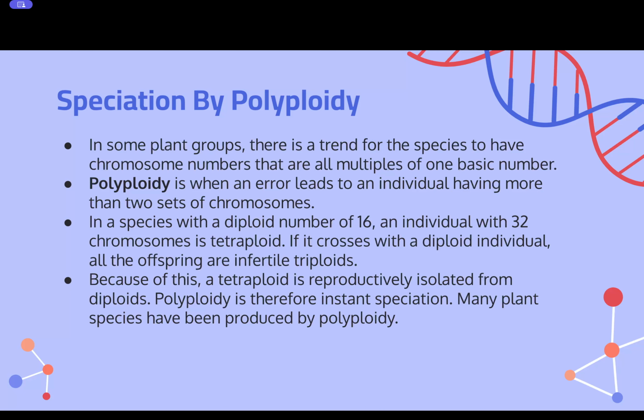But in polyploidy, as soon as polyploidy has occurred, there is no way for them to interbreed at all, which means that many plant species will separate, and there have been many plant species that have been produced due to polyploidy. And that's it.